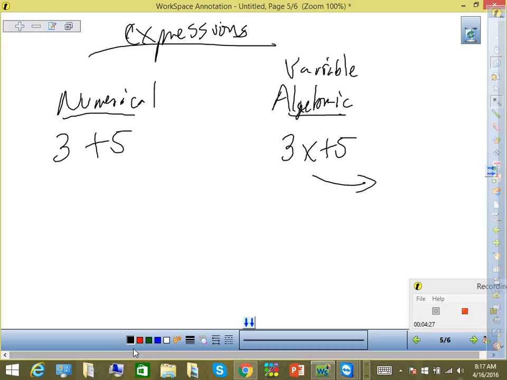Is that correct? Okay. Let's see, using those 2 numbers, who can give me another numerical expression? Sergio. Wow, I said using those numbers. Andres. 3 times 5.